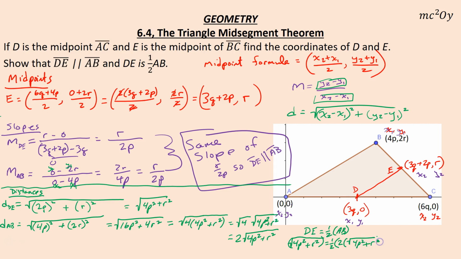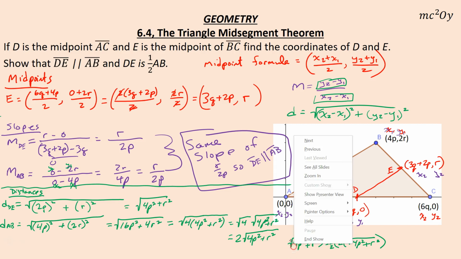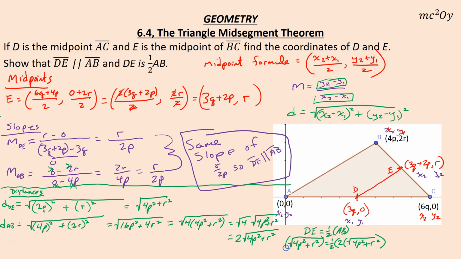So mathematically showing that, note 1/2 of 2, once again, that's 1. And so these two things just kind of cancel. So I'm left with the root of 4p squared plus r squared is equal to the root of 4p squared plus r squared.